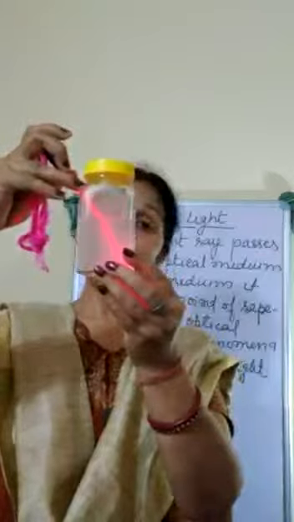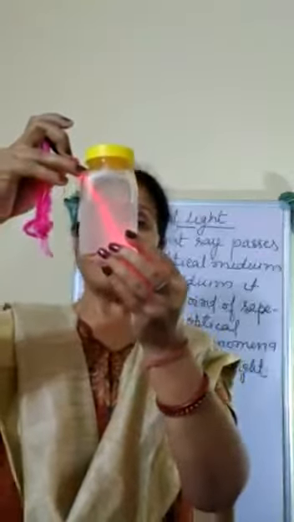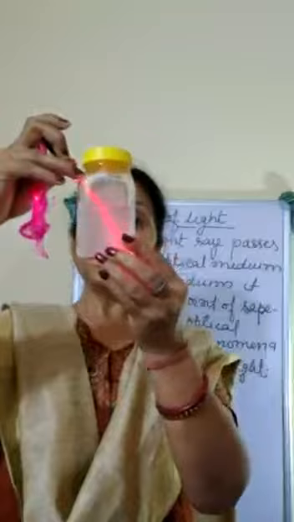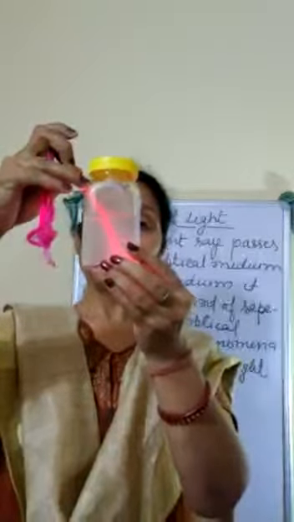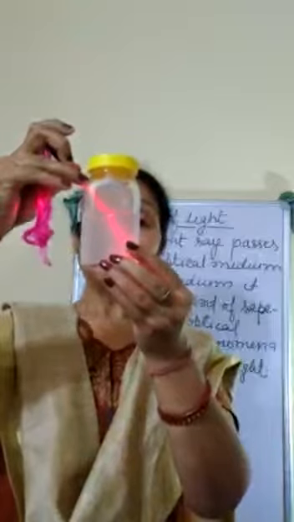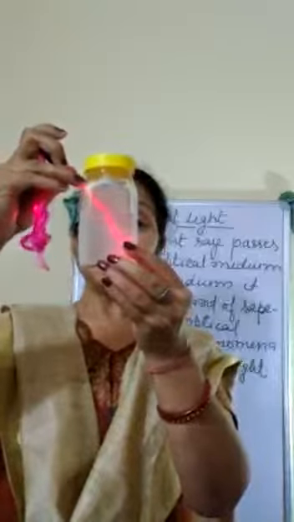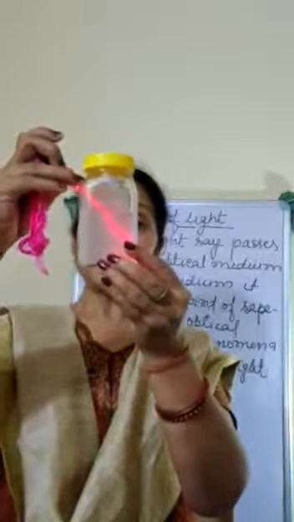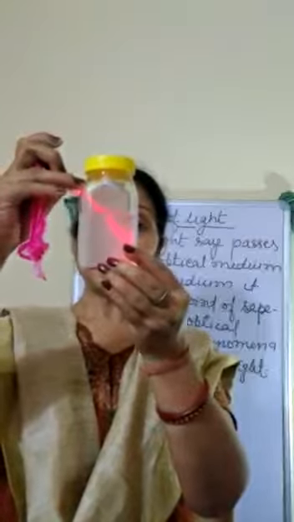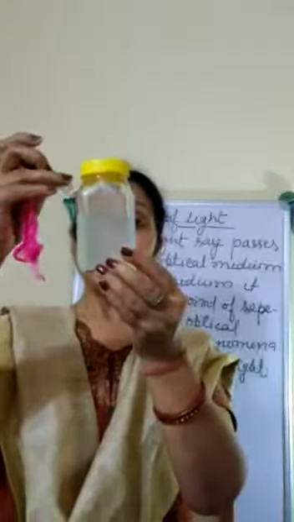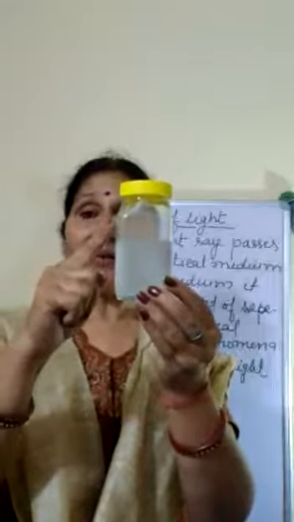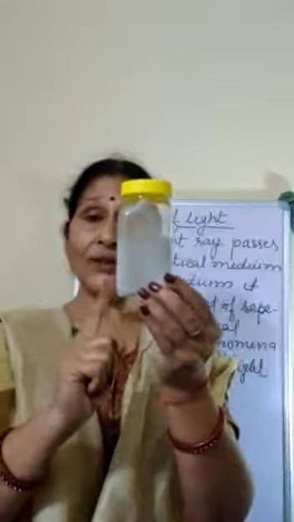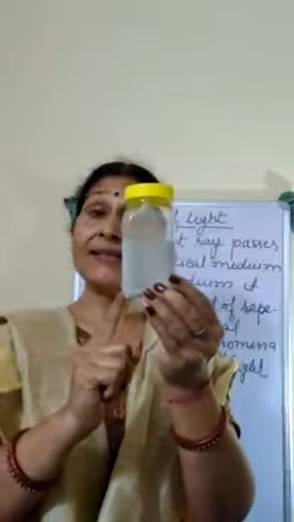Air is one optical medium and water is another optical medium. And light is bending at the point of separation of two optical mediums. The air medium is optically rarer and the water is optically denser medium.